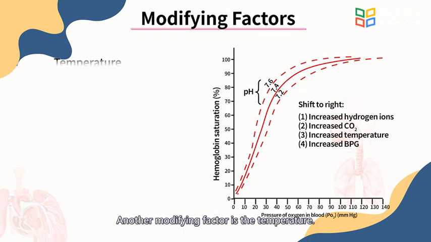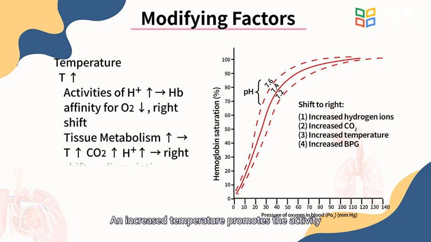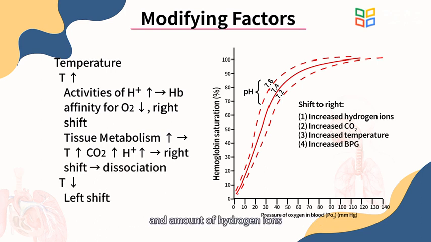Another modifying factor is temperature. An increased temperature promotes the activity and amount of hydrogen ions through its influence on metabolism. Increased metabolism also produces more CO2, so the temperature affects the O2 binding to hemoglobin through direct and indirect ways, and finally causes decreased hemoglobin affinity for O2 and shifts the curve to the right.